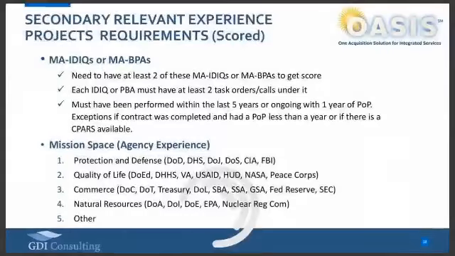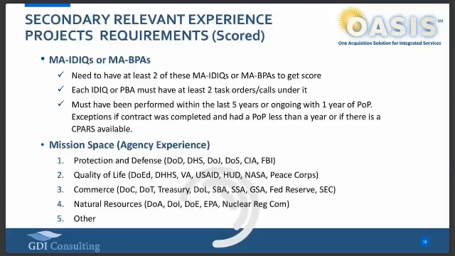Now, there's something called secondary relevant experience projects. You get some score for this, but the score is not very high. So if you don't have these, don't worry. I mean, it's not a no-go decision on this, but I will explain what it is. If you have multiple award IDIQs or multiple award BPAs, if you have more than 2 of them, and each of them have at least 2 task orders or calls under them, you get a score.